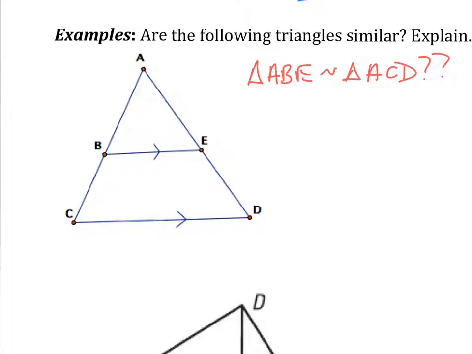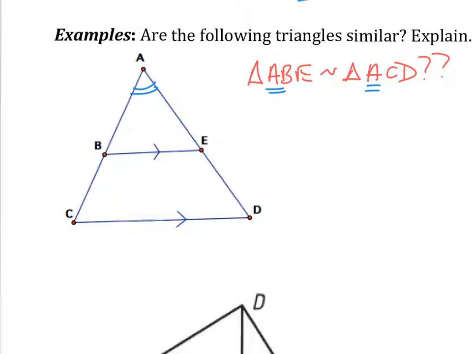So can anyone come up with two angles that are congruent? Yep. A is congruent to A. What property allows us to say that A is congruent to A? That's the reflexive property. Notice that it's in both triangles. And the two lines are congruent. Lines are not congruent.